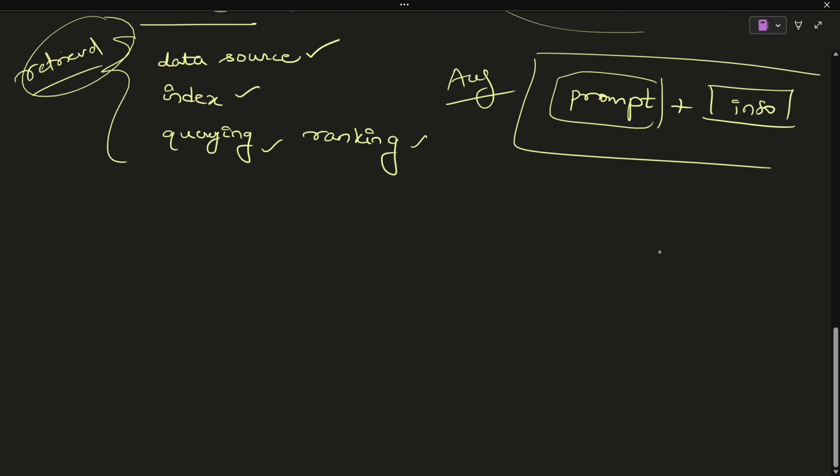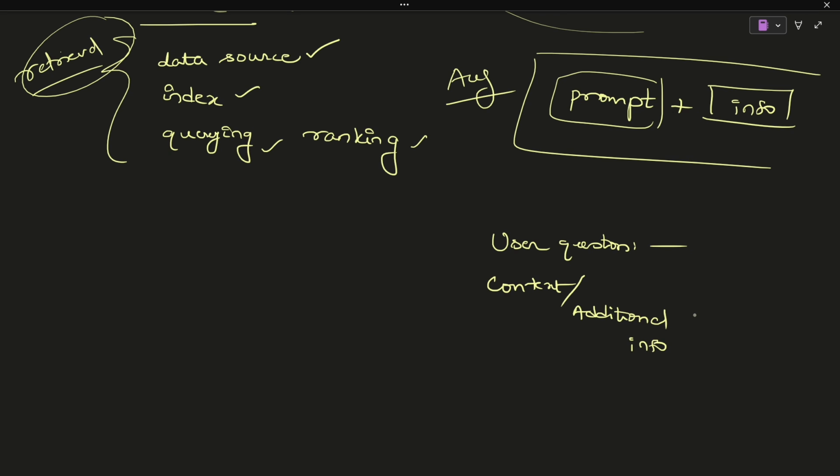So basically you give the user question, then you give context or additional information. The question is given by the user, and the additional information is retrieved from the retrieval process.